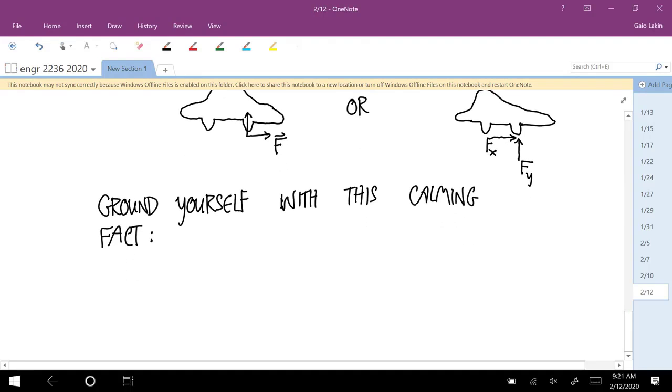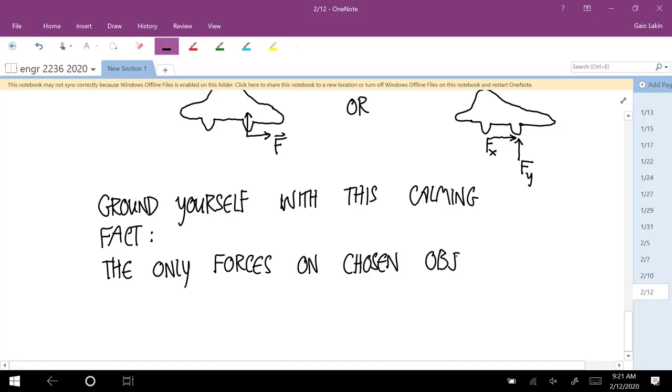The only forces acting on the chosen object are field forces.